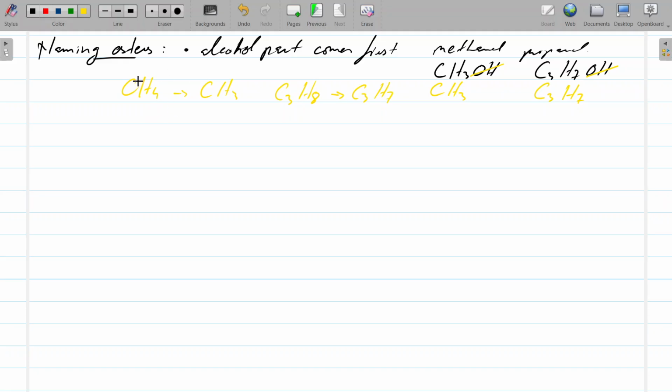Instead of methane, you're going to take the meth and add the YL and you're going to get methyl. In this case, you're going to get the prop plus a YL and you're going to get propyl. So these are the alkyl groups.